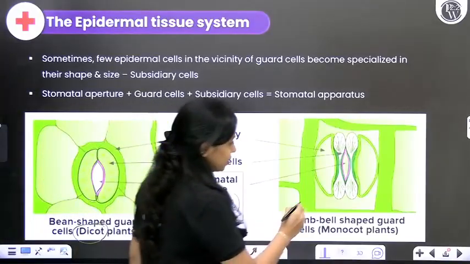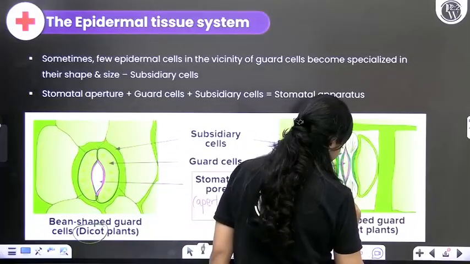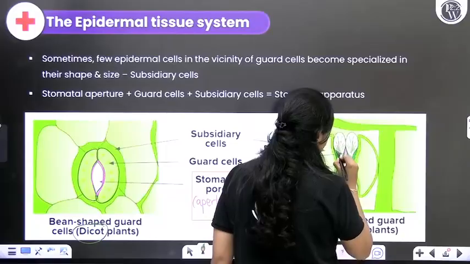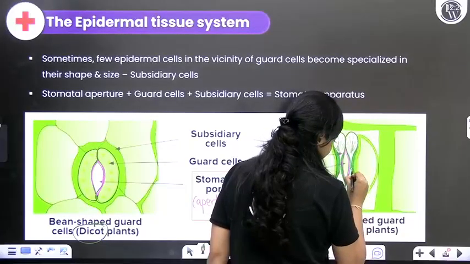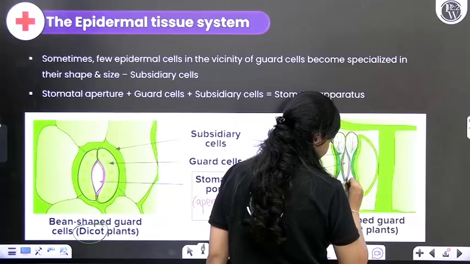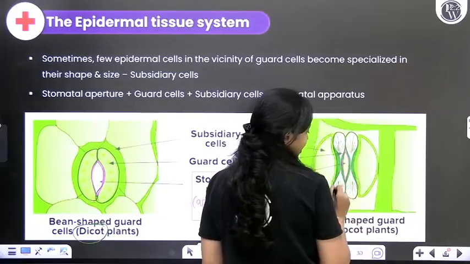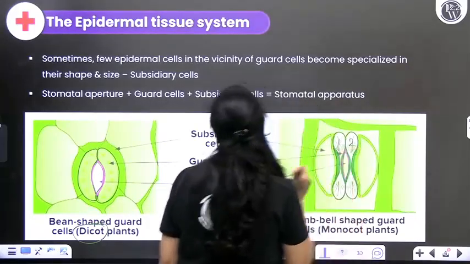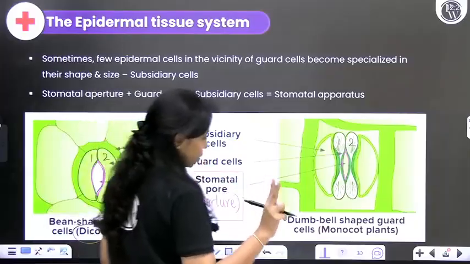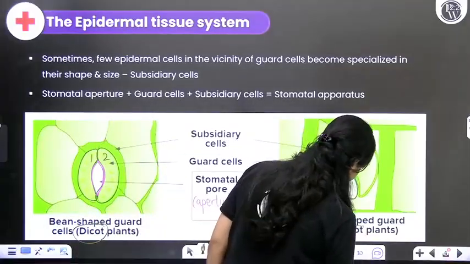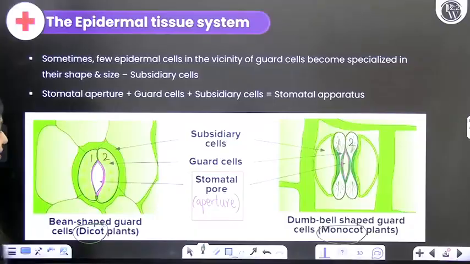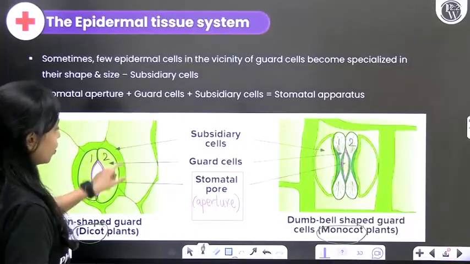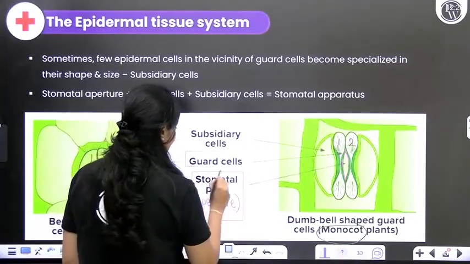And over here, they are in dumbbell shape. Right? So this is one, this is two, this is one, this is two. That's always a pair. In monocots, dumbbell shaped. In dicots, it is kidney shaped or bean shaped. All right. Now, these are called guard cells.